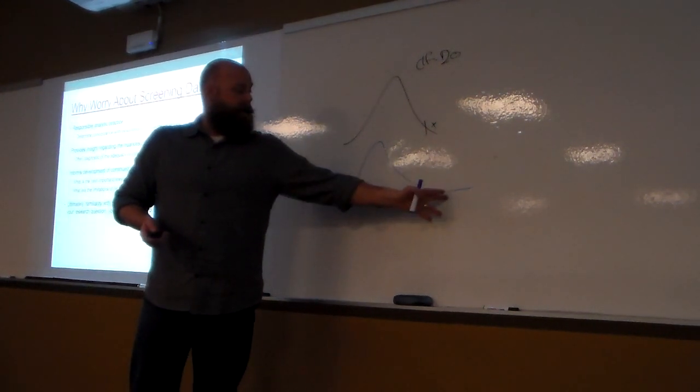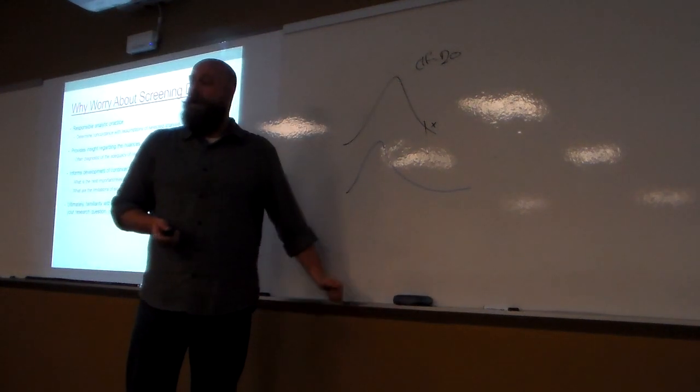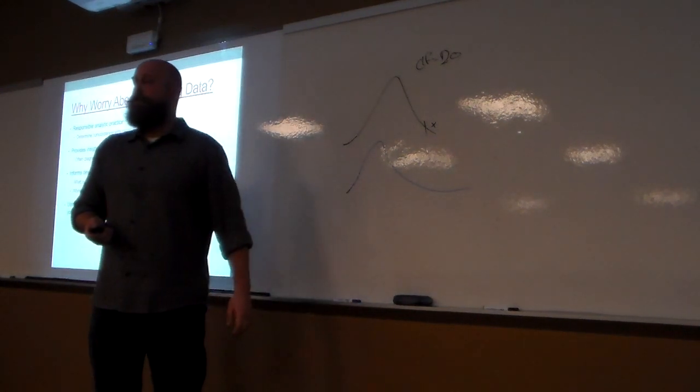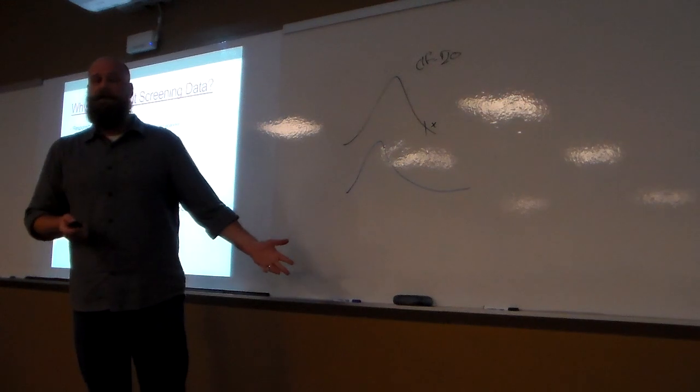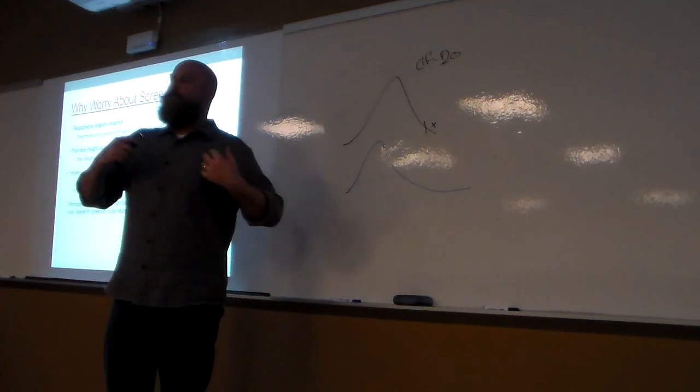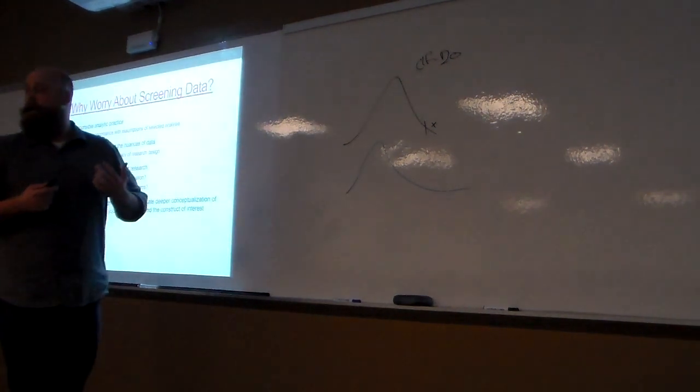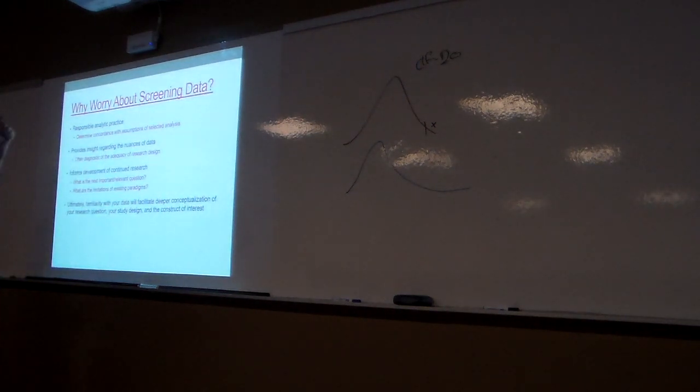So I've calculated this score and identified it as statistically significant, but maybe it is, maybe it isn't, the p-value is all wrong. I start to lose confidence in the precision of my estimates. And so with our screening, we always want to go through and say, these are the rules of the game. If I'm going to do these analyses, this is what these analyses are assuming the data are doing.